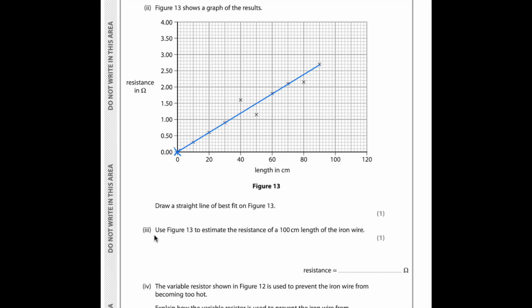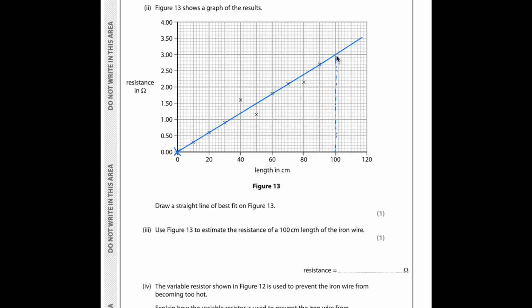Part 3. Use figure 13 to estimate the resistance of a 100 centimetre length of the iron wire. Right, 100 centimetres of the length. So if I was to continue this line, trying to keep it straight, well, it looks about right.